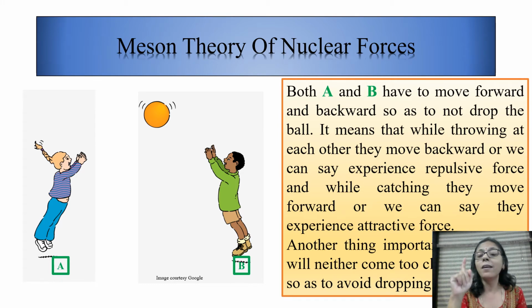And I hope you are clicked to the diagram which we had drawn: less than 0.8 femtometers, between 0.8 and 2 femtometers, and beyond 2 femtometers. I hope you are able to correlate the two.